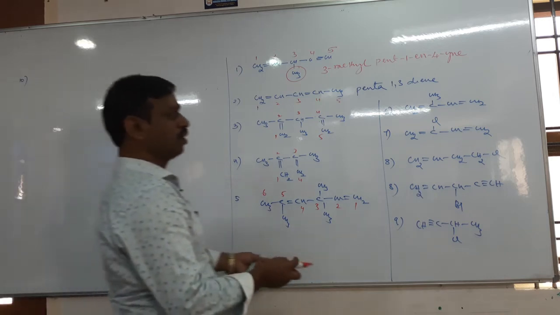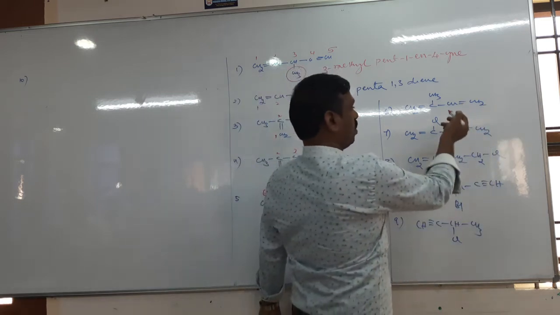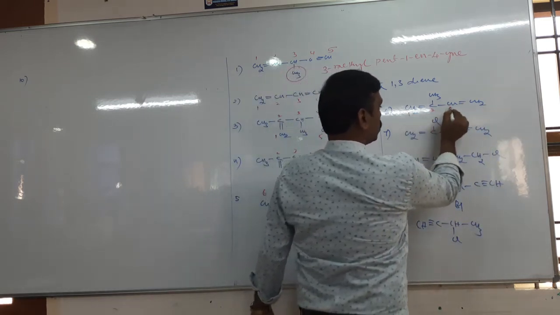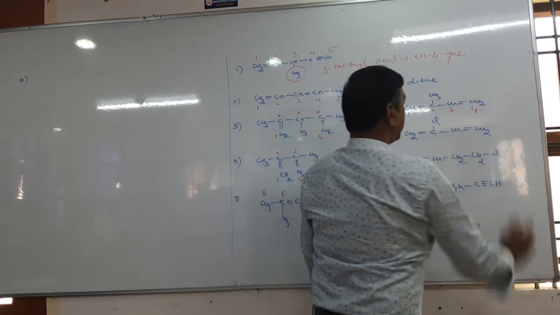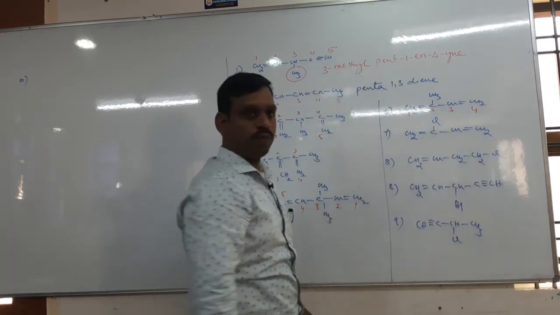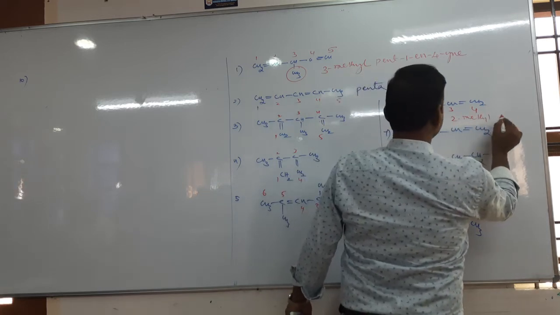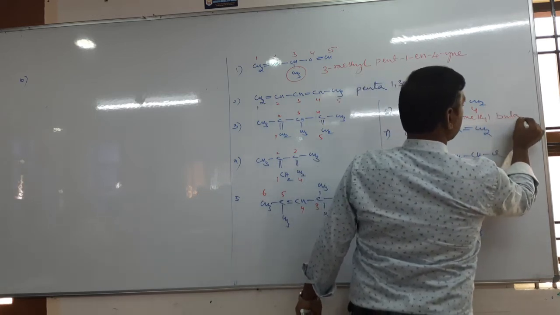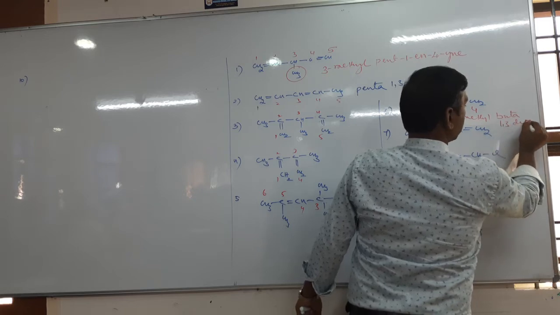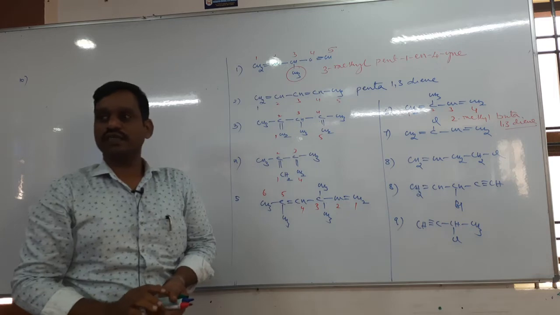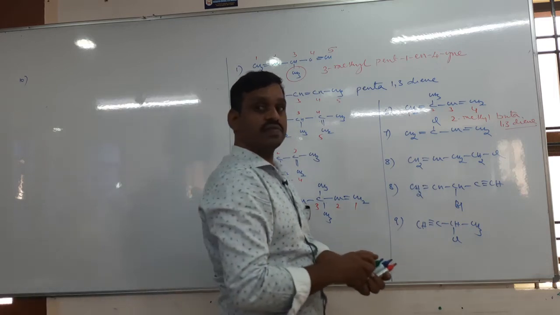Tell me. So here numbering 1 2 3 4. Methyl has to get 2, right? 2-methylbuta-1,3-diene. Do you remember where we have studied its common name?